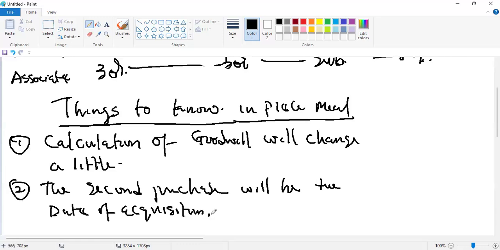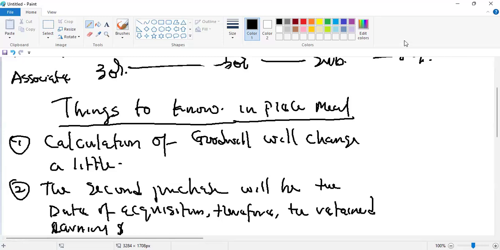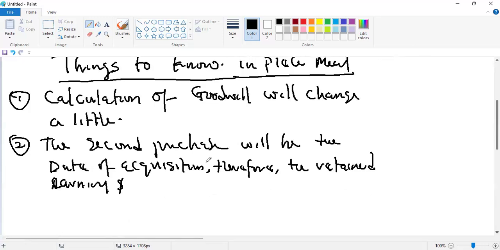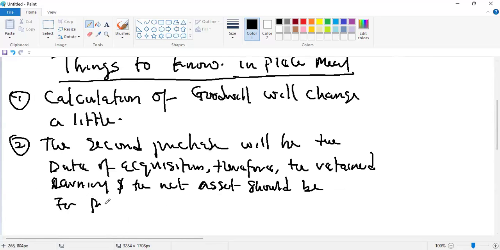Therefore, the retained earnings and the net assets should be used for the purpose of calculating goodwill.